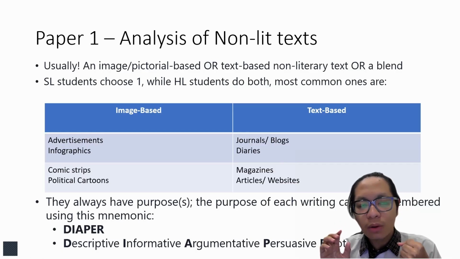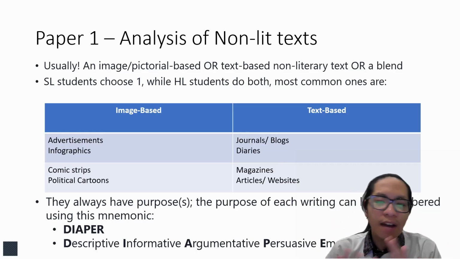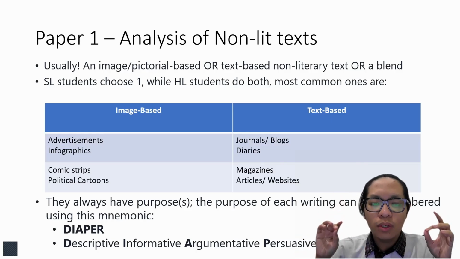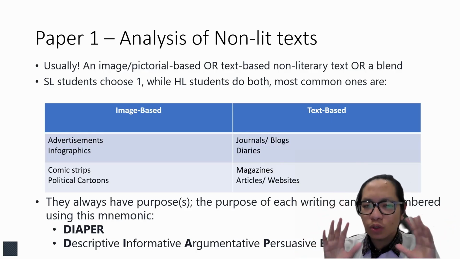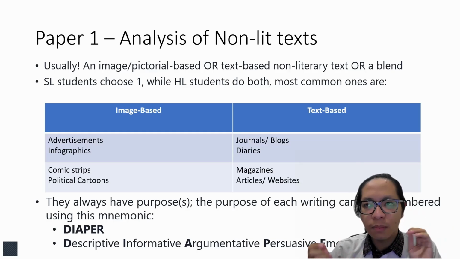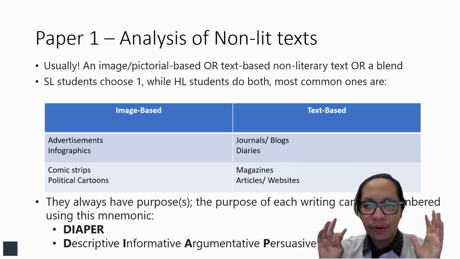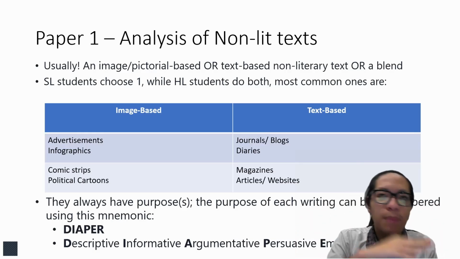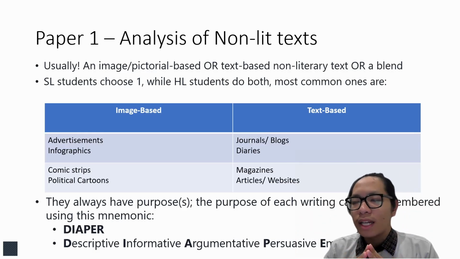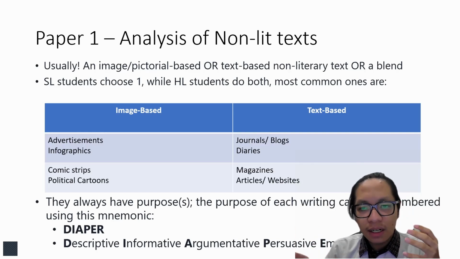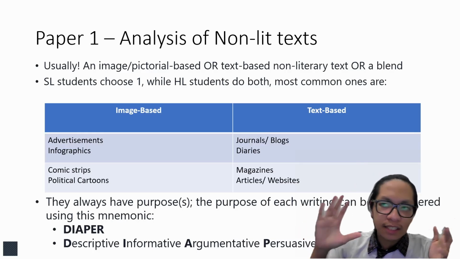They're either image based, so they have a lot of imagery to it. Let's say a comic strip, a cartoon, advertisements, infographics. There's so many symbolisms and iconographies that you really have to focus on. And there's also text based, so let's say someone's journal, someone's diary entry, a letter, magazine articles, etc. And these are text based.